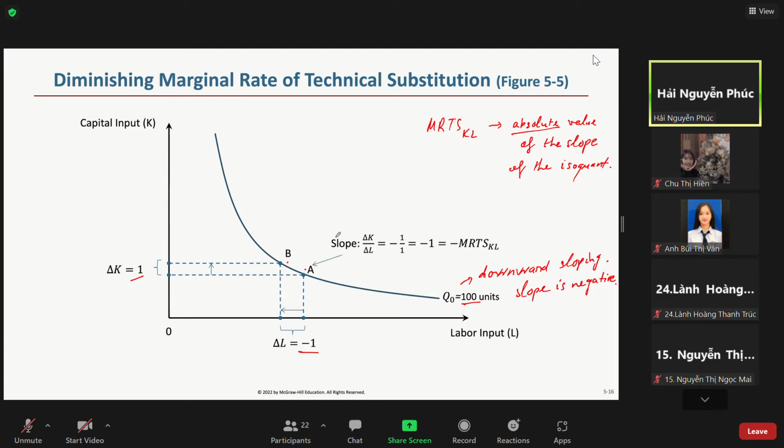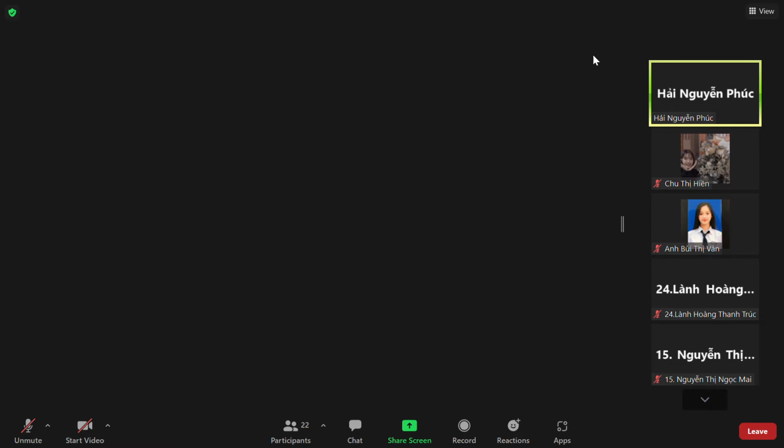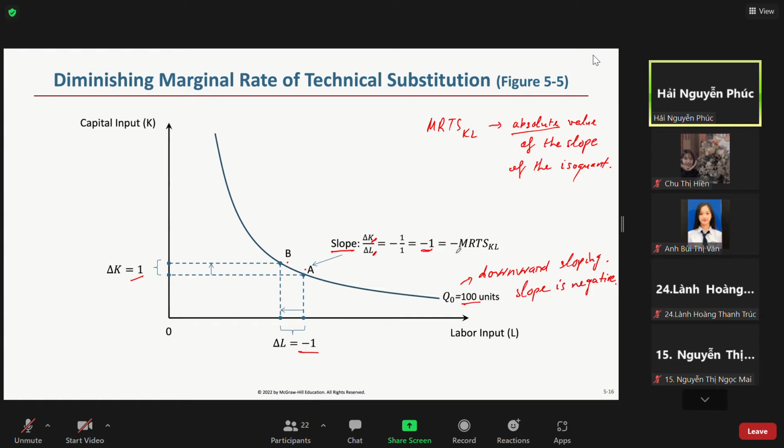Now let's take a look at the slope of the line. The slope of the line is equal to the change in capital divided by the change in the quantity of labor input, and is going to be equal to -1. The MRTS in this example is going to be equal to 1. It is the absolute value of the slope of the isoquant.